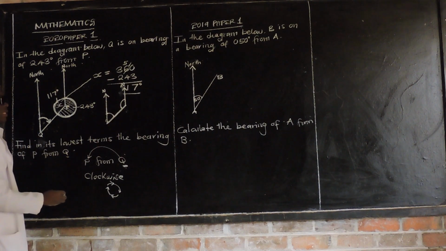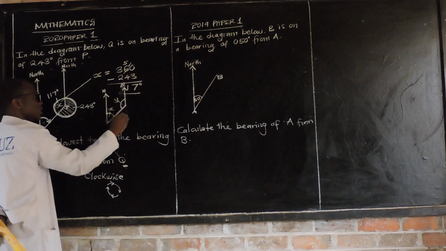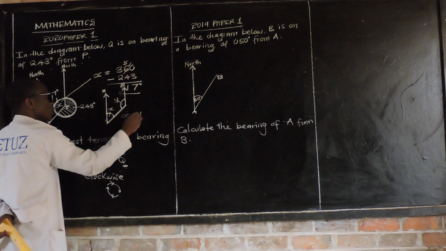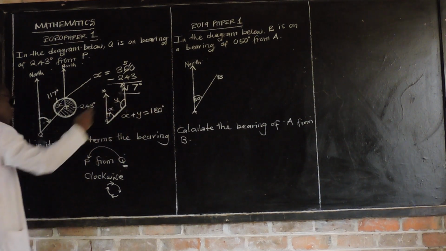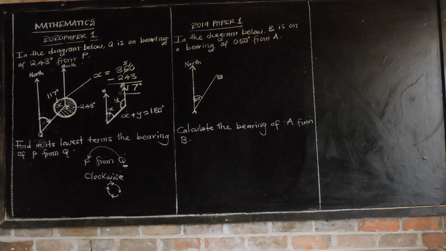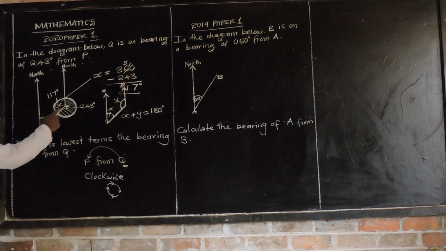So if one is x and the other is y, then x plus y is equal to 180. These are called allied angles. Similarly, in this case, these two are allied angles and add up to 180. Let's say this is x and this is y.